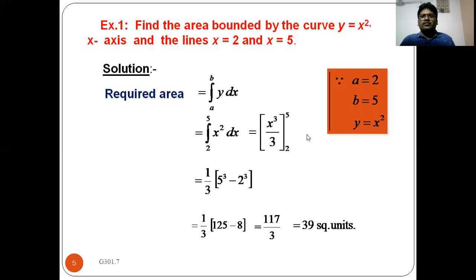The area of the region of the curve y equal to x square bounded by the lines x equal to 2 and x equal to 5 is 39 square units. Is it clear? I hope you understood.